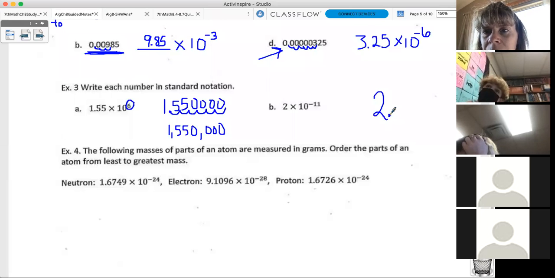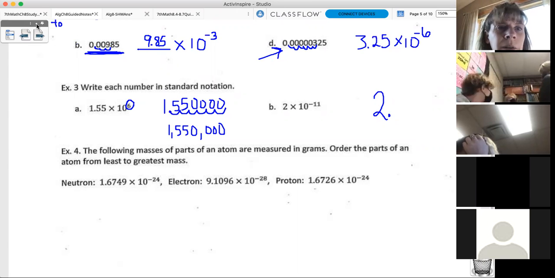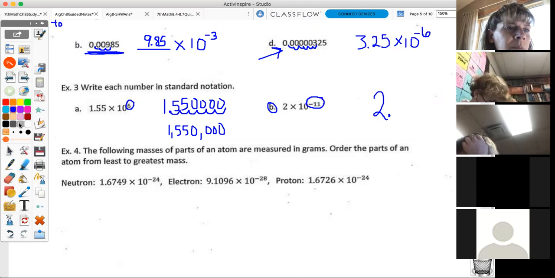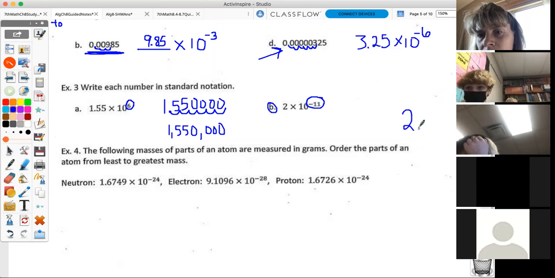And Jaden, I'm going to move it to the left. How many places? Six. Oh, I'm on this one right here. How many places am I going to move it? 11. That's a lot of places. Okay, so here's my decimal.